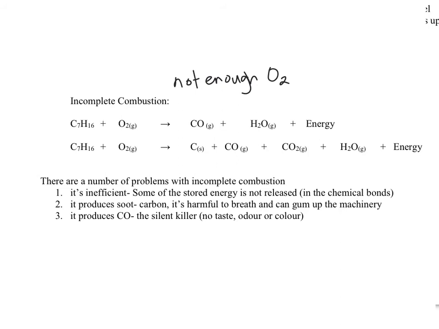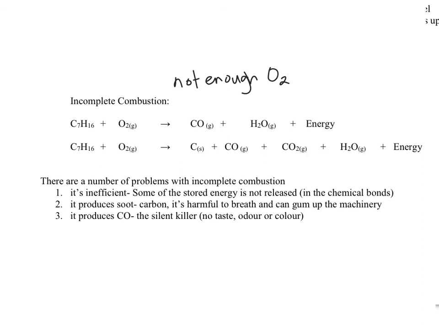Let's balance these equations. In the first one, we've got 7 carbons, so we would need 7 carbon monoxides, and we have 16 hydrogens, so we would need 8 waters. The problem with that is 7 and 8 make 15, which is an odd number for our oxygens.